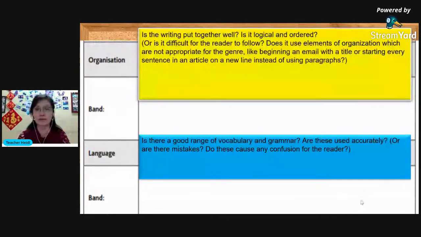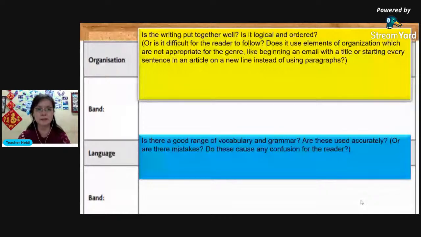This is what we as teachers have to look into as markers. So you as a candidate can ask yourself, have you fulfilled all the requirements needed?